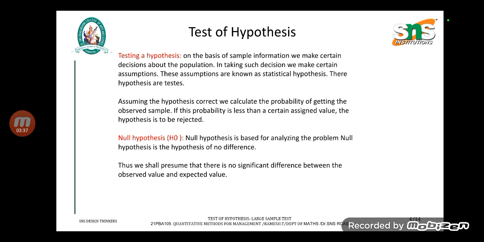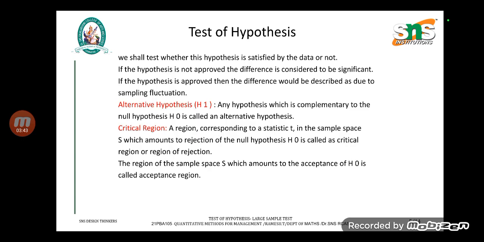We shall test whether this hypothesis is satisfied by the data or not. If the hypothesis is not approved, the difference is considered to be significant. If the hypothesis is approved, then the difference would be described as due to sampling fluctuations.